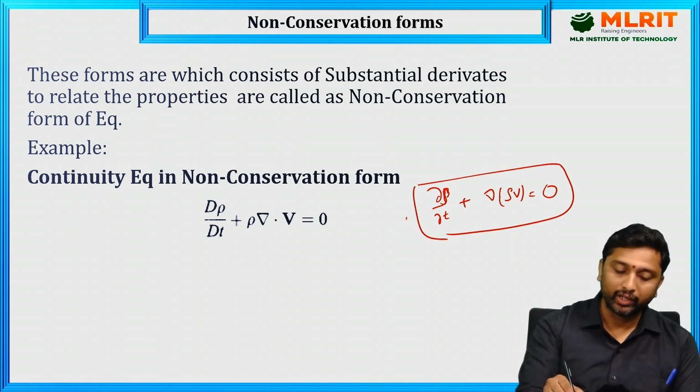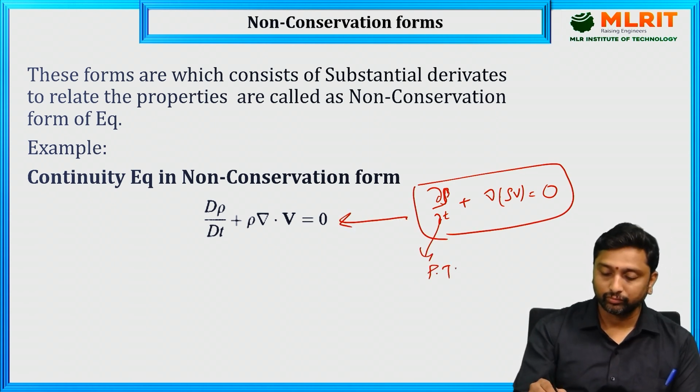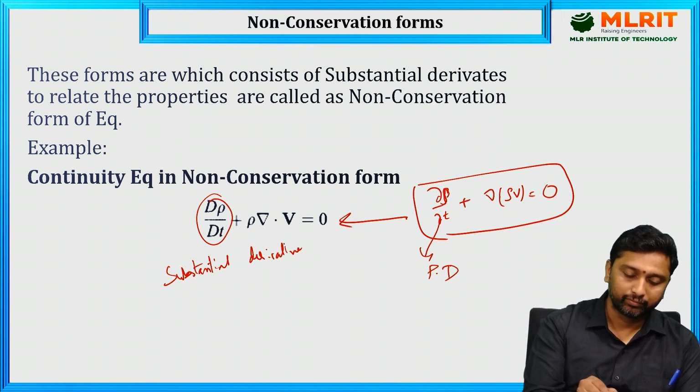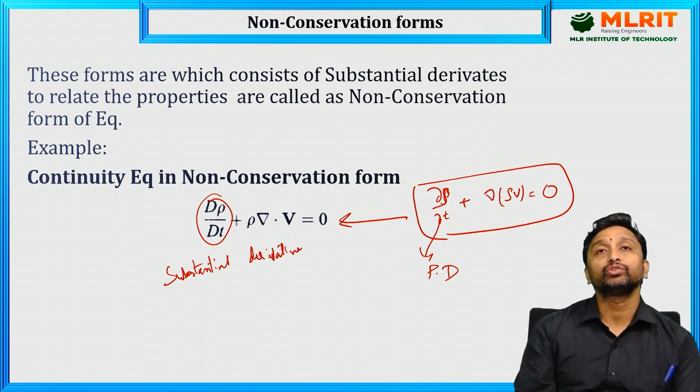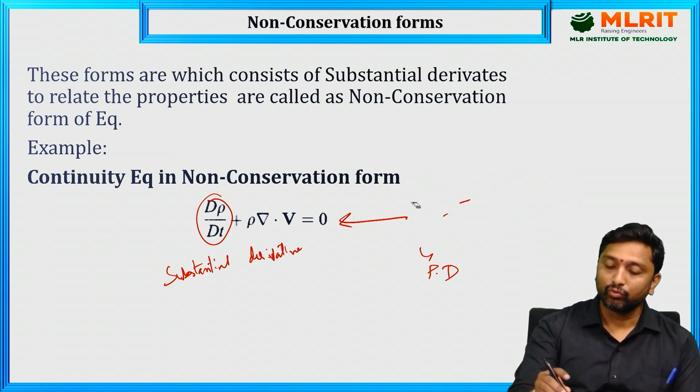It is quite different from this. This one had a partial differential term, whereas this is a substantial derivative, which accounts for total changes. So this form of equations, we call them the non-conservative form of equation.